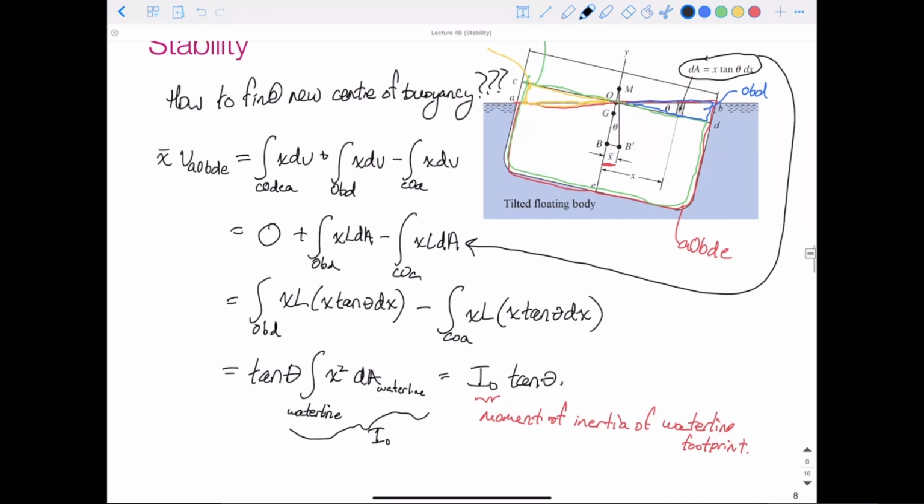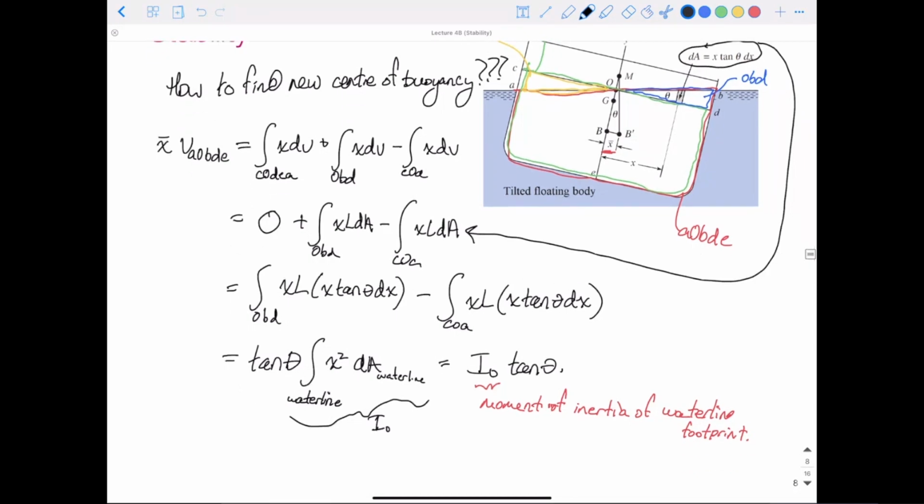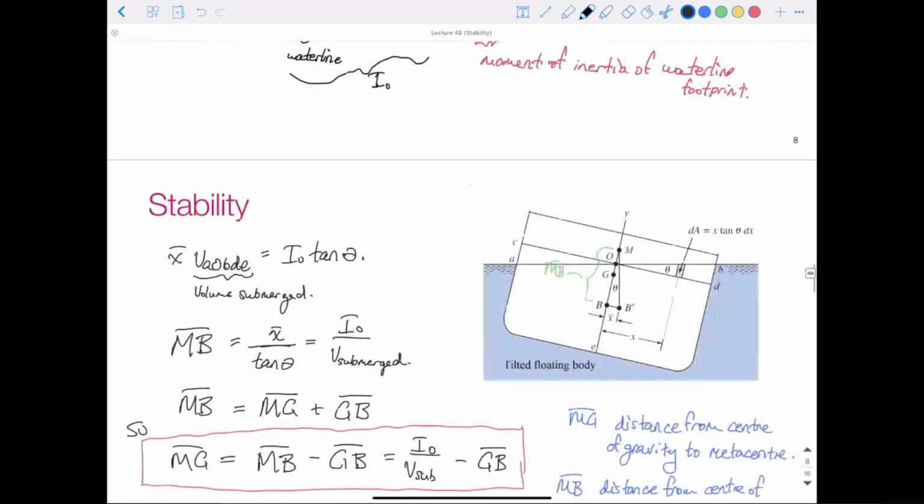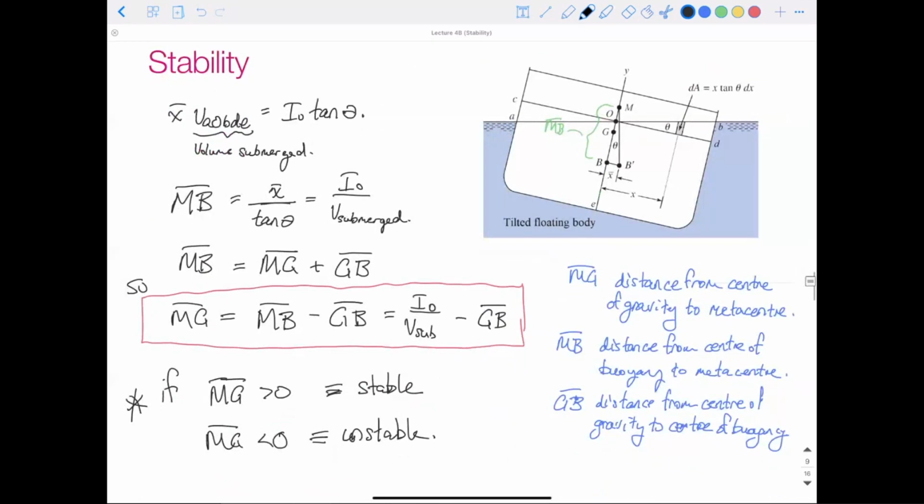And we simplified this and we ended up with our moment of inertia of the waterline footprint times tan theta, the angle that we have disturbed our shape. And then just using geometry, we calculated the distance from our metacenter to our center of buoyancy is equal to the moment of inertia divided by the volume of that submerged shape. So that's our equation right here.